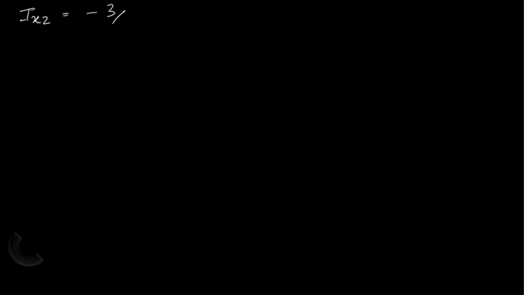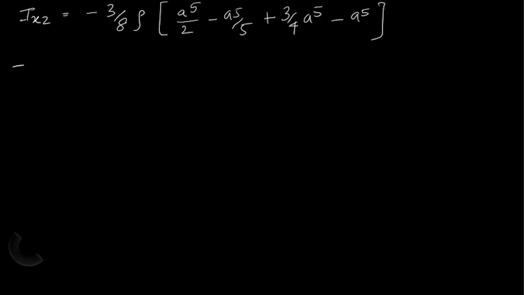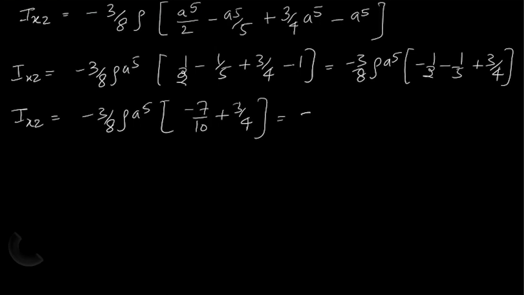So we get minus 3 over 8 rho a^5 over 2 minus a^5 over 5 plus 3 over 4 a^5 minus a^5. So let's take this a^5 out. So it's half minus 1 over 5 plus 3 over 4 minus 1. So this is minus 3 over 8 rho a^5 and then 1 over 20.